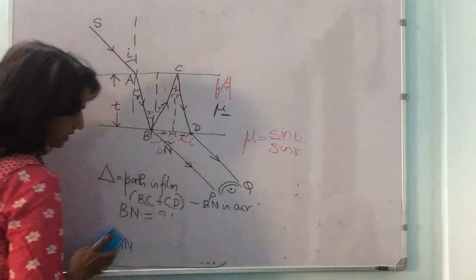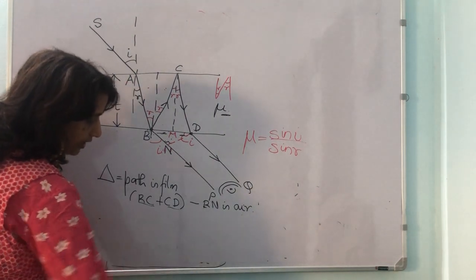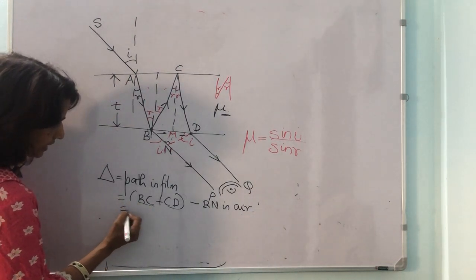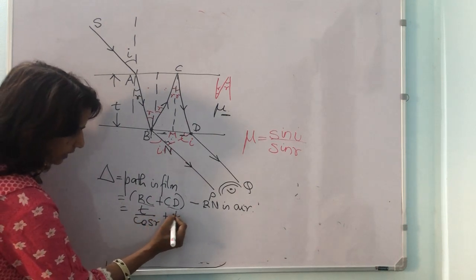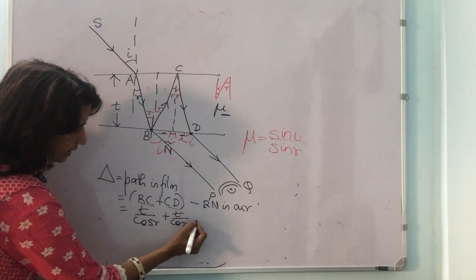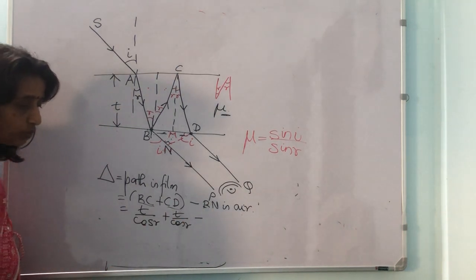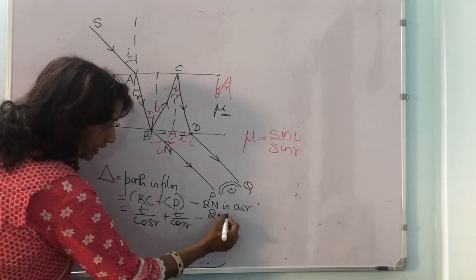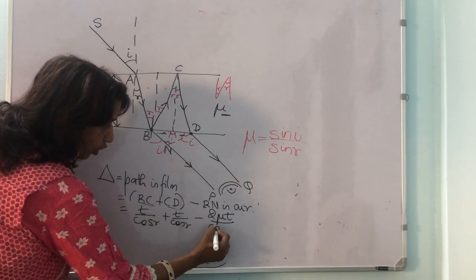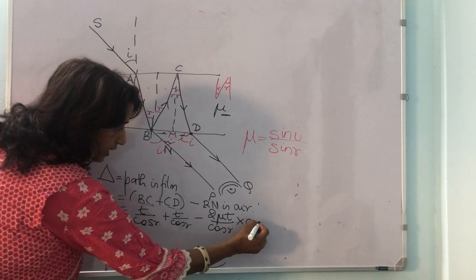BC plus CD, derived in the beginning, is T upon cos R plus T upon cos R, minus BN, which we found to be equal to 2 mu T sin square R upon cos R.